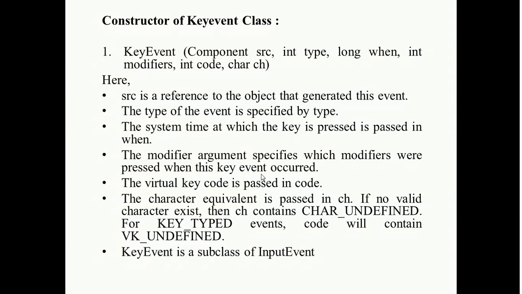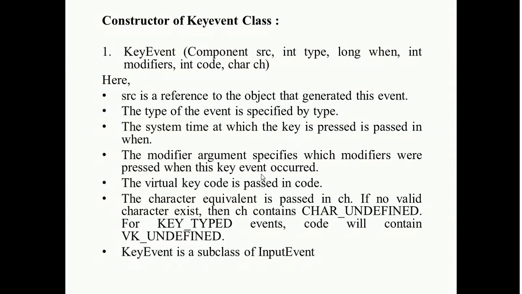The constructor of the key event class has 6 parameters: component source, int type, long when, int modifier, int code and char ch. Source is nothing but the reference to the object that generated the event. Int type is nothing but the type of the event, means key pressed, released or key typed. Third parameter is long when.